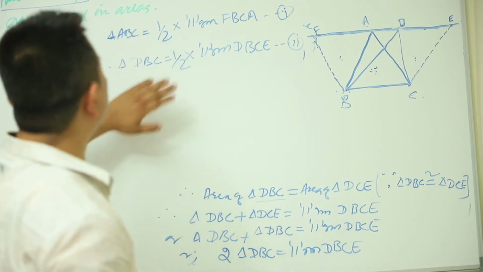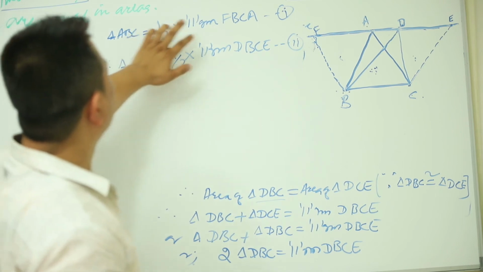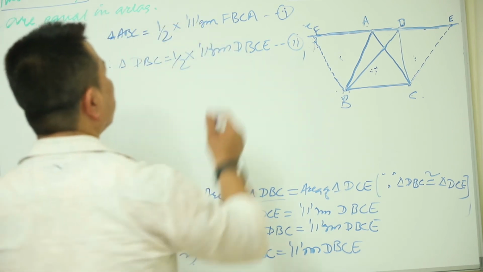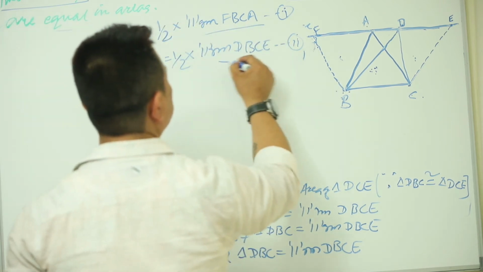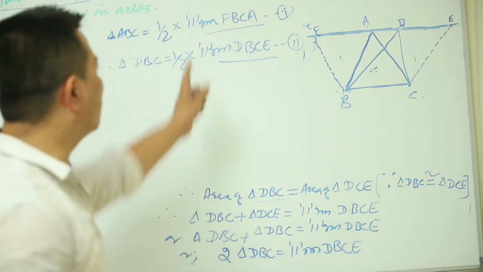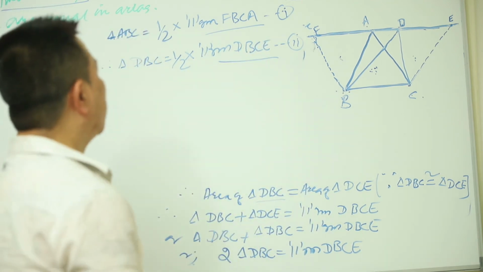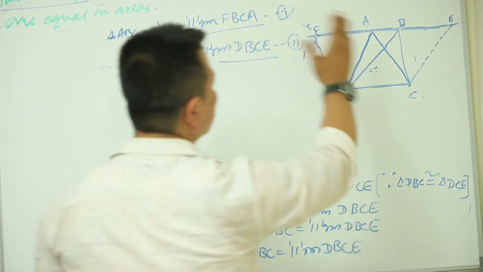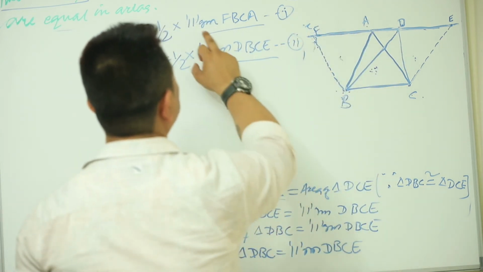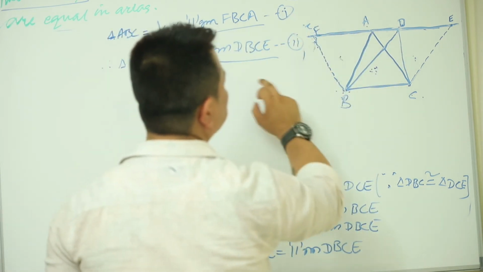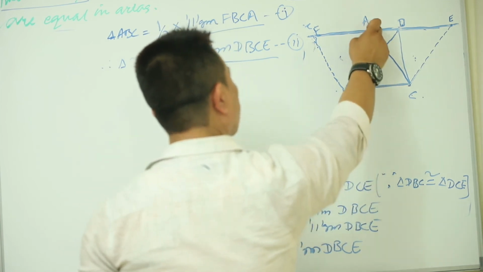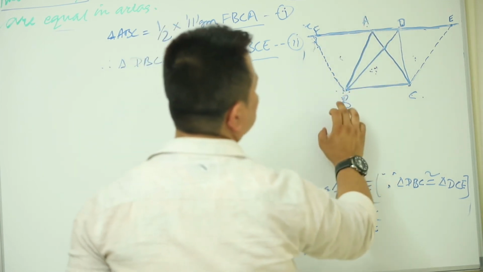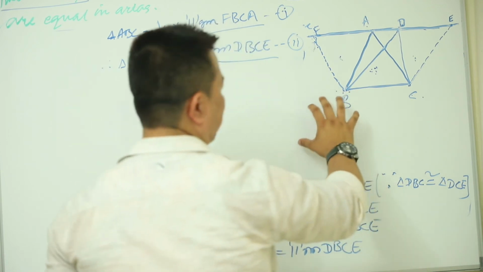So from equation 1 and 2, we are dealing with 2 parallelograms, parallelogram FBCA and parallelogram DBCE. Now go back to these 2 parallelograms on the diagram and check properly. Parallelogram FBCA is a parallelogram whose base is BC.